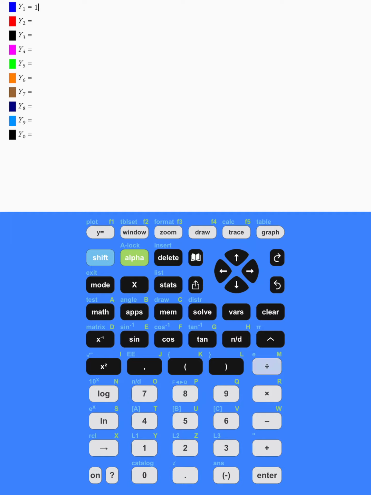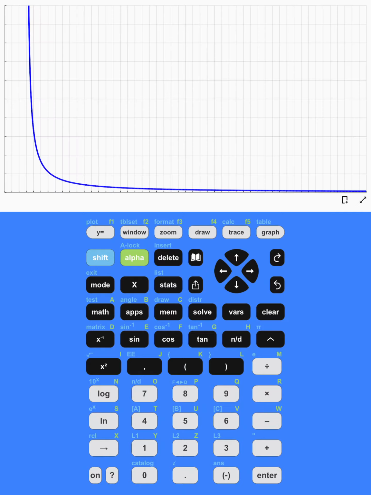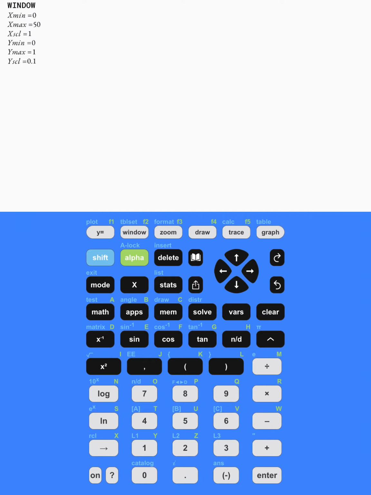And just to show you that this is what it should look like, you're going to go 1 divided by 3x minus 9. And then we're going to change this to the standard window. So our window is for x minimum negative 10, positive 10, y min is negative 10, and max is positive 10.